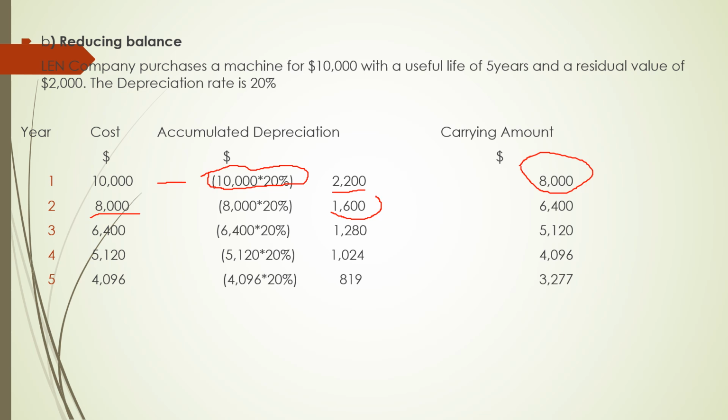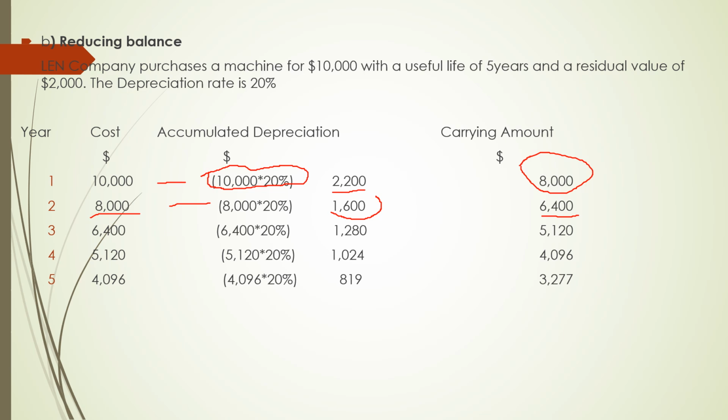So when we subtract the $1,600 from the 8,000, this will give us a carrying amount at the end of the period to be 6,400. So in the third year, actually, the cost now becomes 6,400.